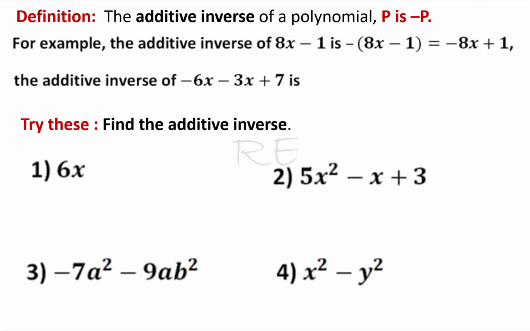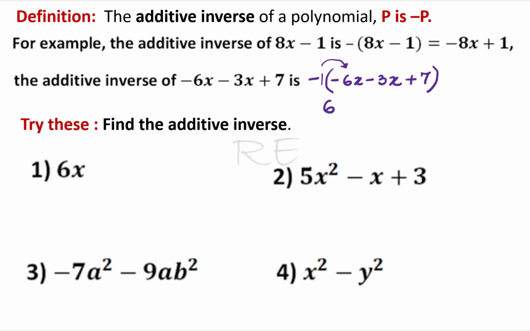The additive inverse of a polynomial p is negative p. For example, the additive inverse of negative 6 minus 3x plus 7 is negative, open parenthesis, negative 6 minus 3x plus 7.